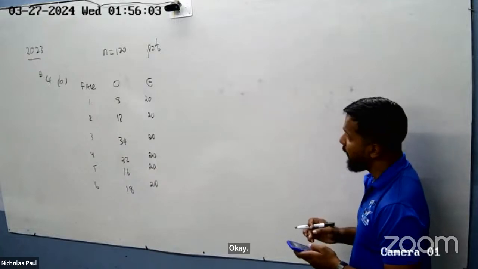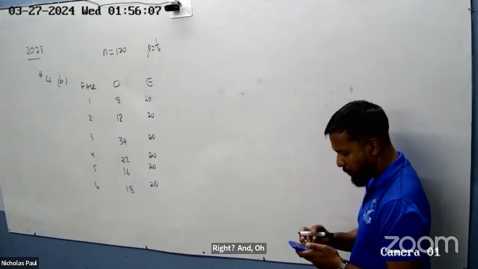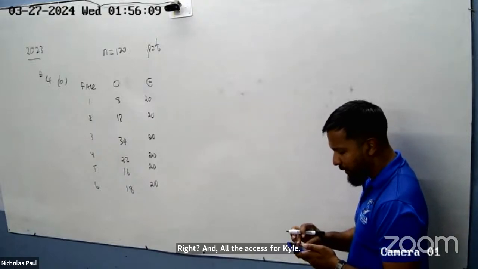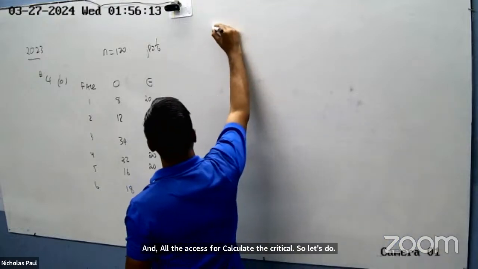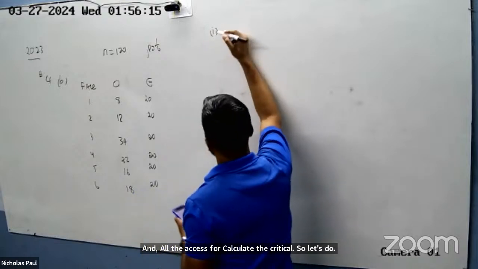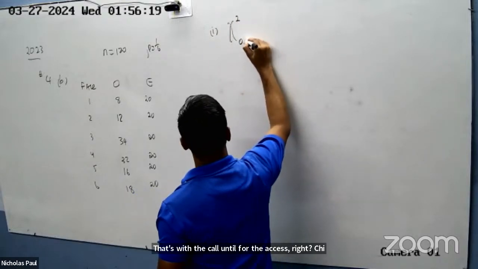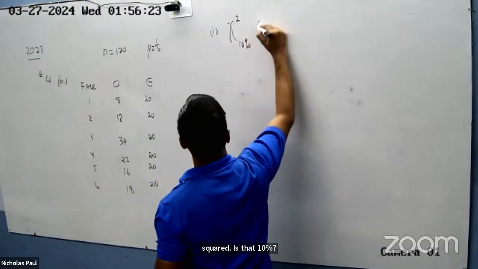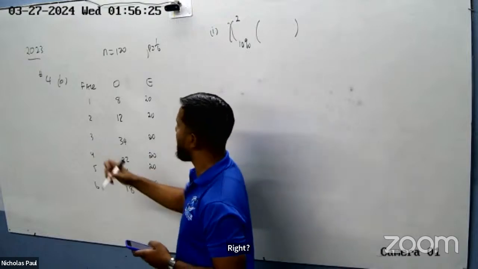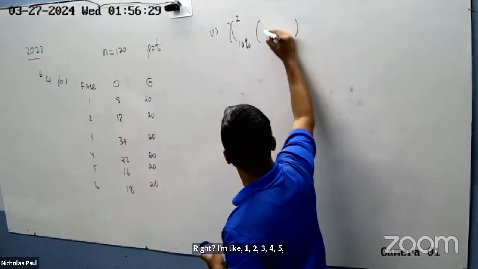All they ask us for is to calculate the critical region. So let's do it according to what they ask us. Chi-squared is at 10%. How many degrees of freedom? 1, 2, 3, 4, 5, 6. So it's 6 minus 1.